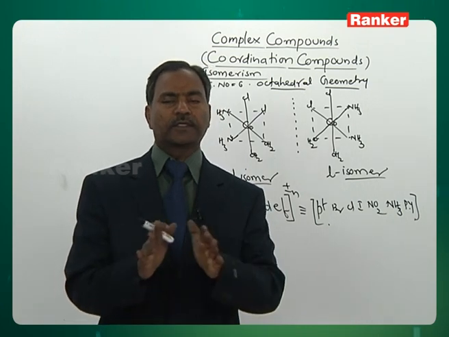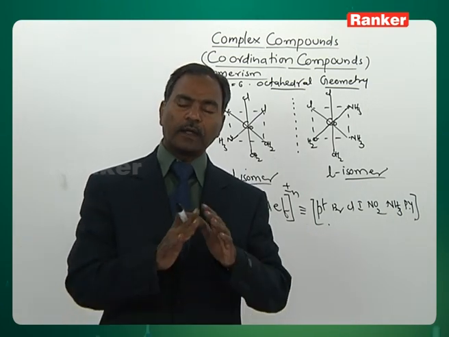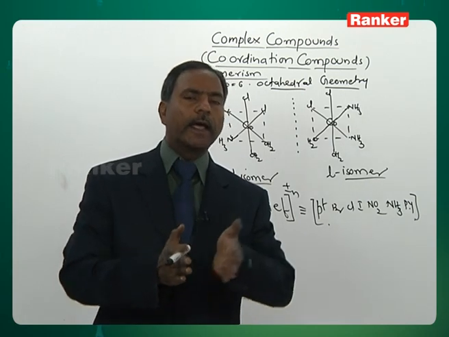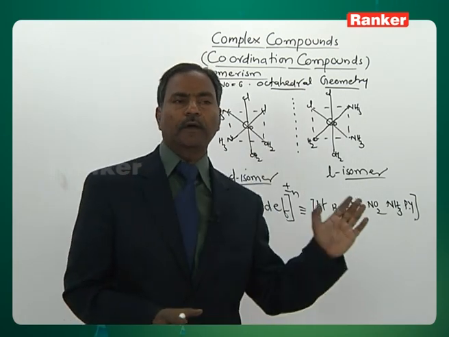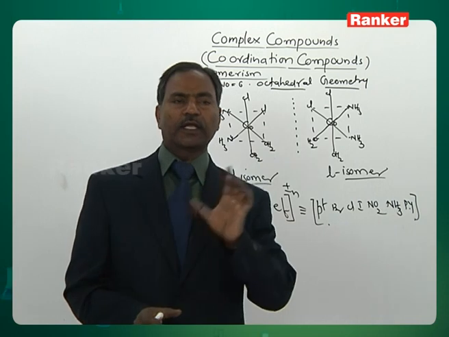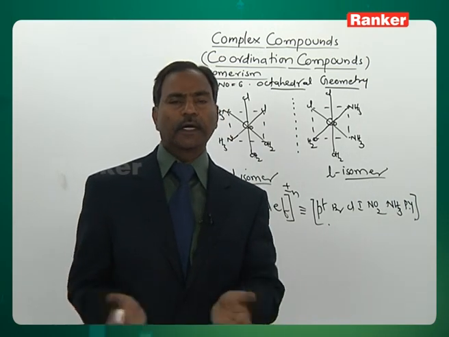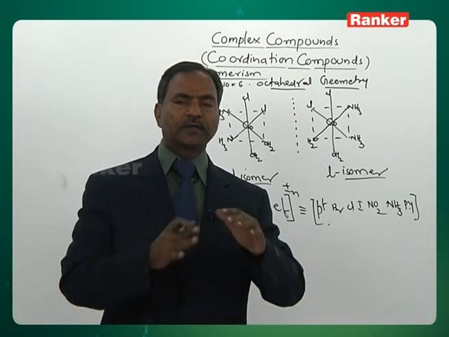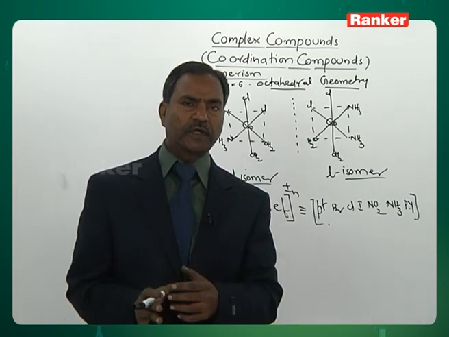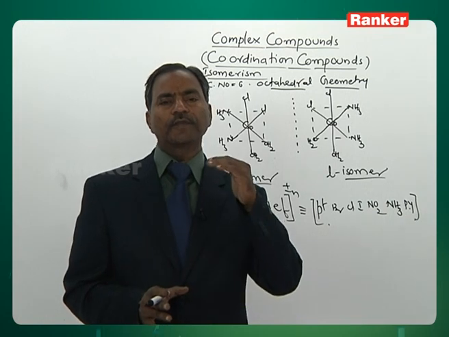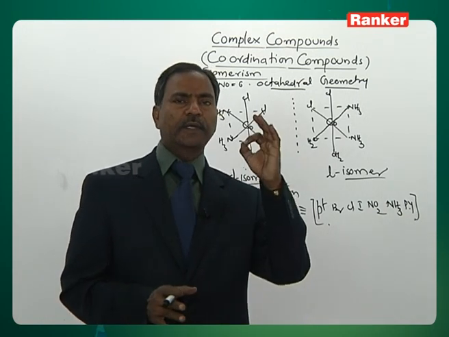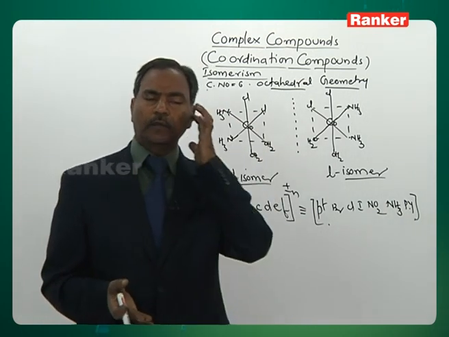This complex cannot be cut into equal halves at any angle you take. All are different from each other, therefore you cannot cut into equal halves. All the 15 geometrical isomers are unsymmetric complexes. Once a complex is unsymmetric, it will be optically active.